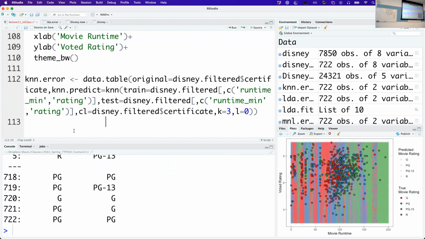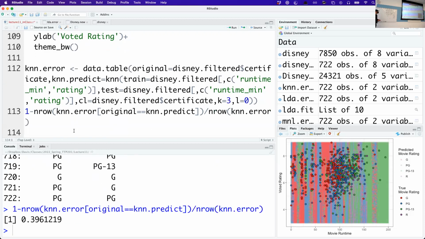So our error is 1 minus nrow of KNN error of original equals KNN.predict, divided by nrow of KNN error.